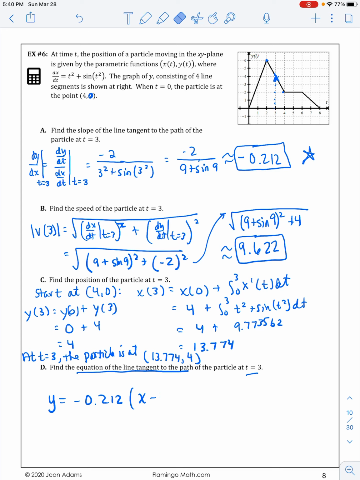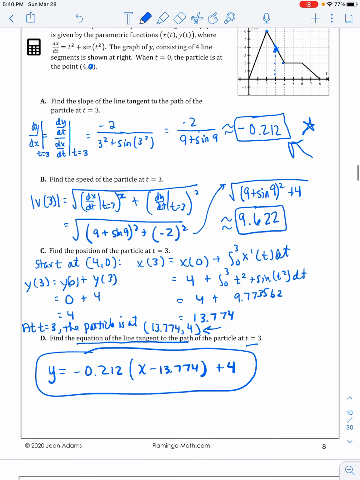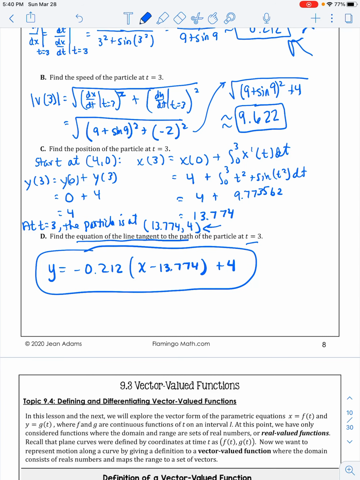I'm sorry, not x minus 3. I got to do x minus my x1 at time 3. Sorry, x minus 13.774, and then the y is 4. So I had to include this point and this slope, and that gave me the equation of my tangent line.